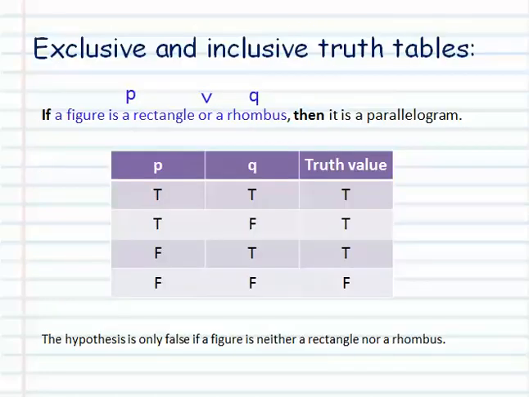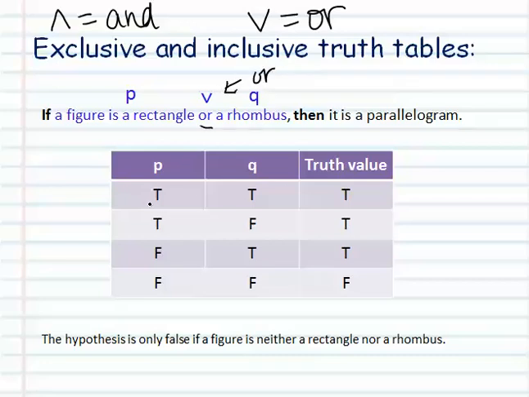Let's look at the exclusive and inclusive truth tables. Before we had the caret top, that means and, but whenever it's upside down, that means or. So we're saying if a figure is a rectangle or a rhombus, then it's a parallelogram.